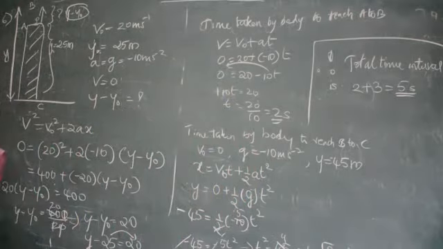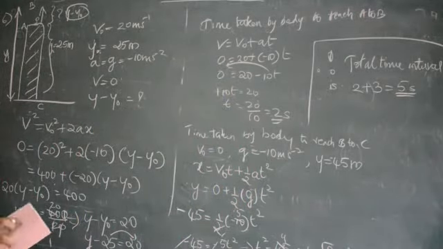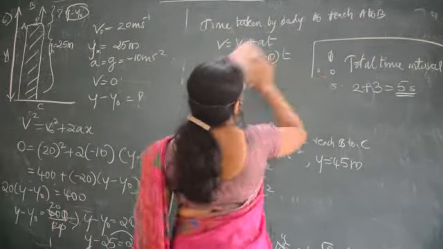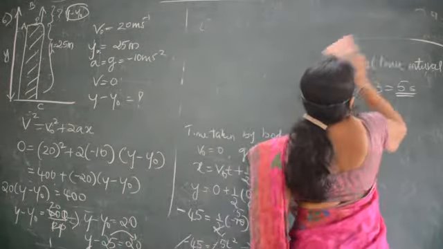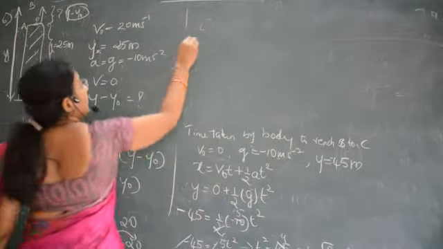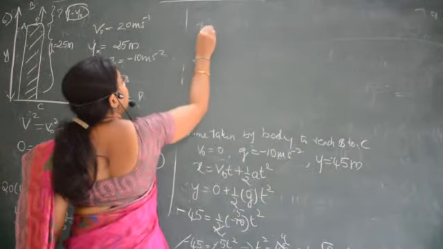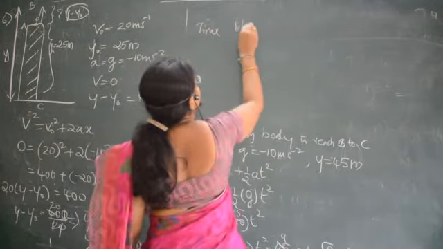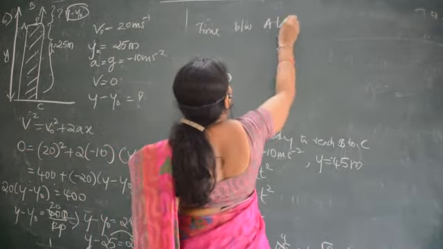What we have to do is, we want to calculate the total time from A to C, correct?